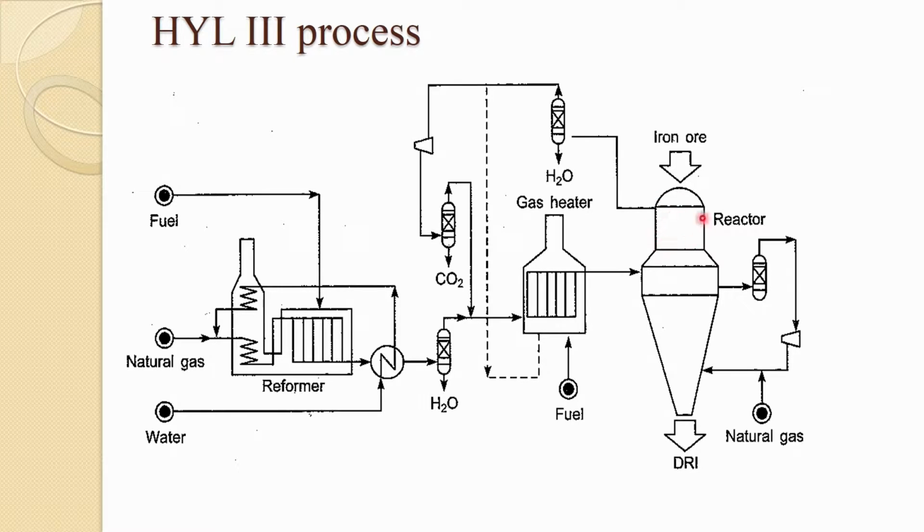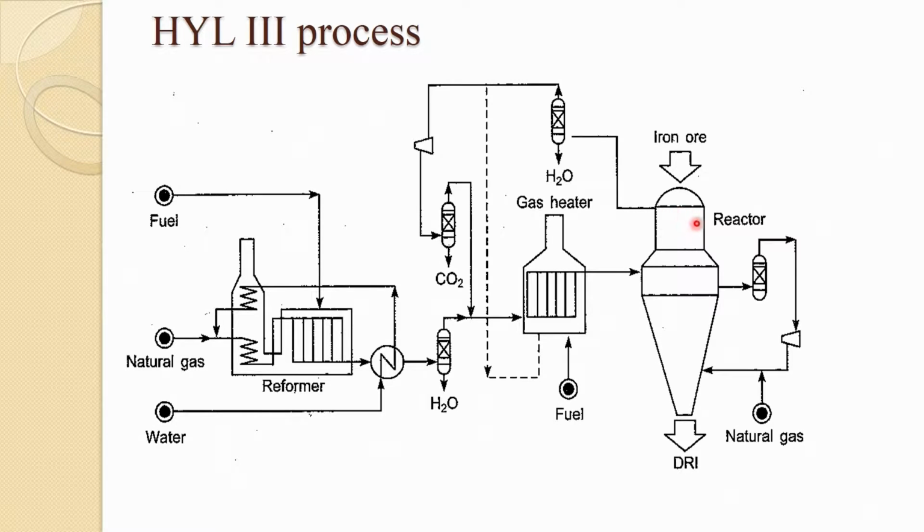That is where most of the reaction is occurring, and the top gases now again go back and you utilize them, either heating of these reformed gases, and then some natural gas to put there, because this is a fluidized bed actually. So, mostly it is in fluidized condition.